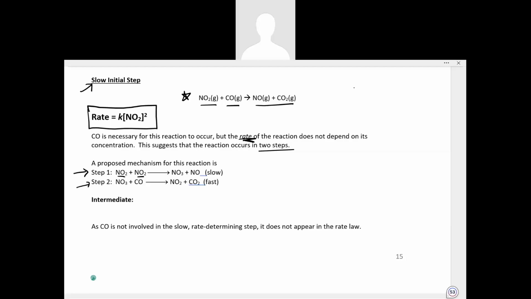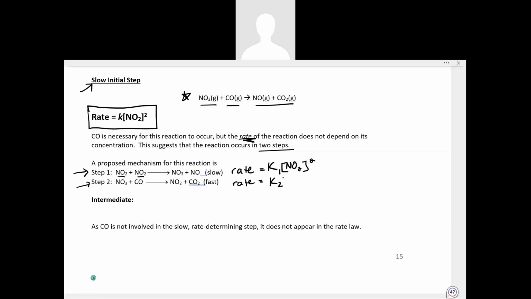So what we're looking at here is that the rate for this first elementary step is, we can call it k sub 1 from step 1, it will be NO2 squared, and then the rate here for this fast step. This would not match our rate law, right?